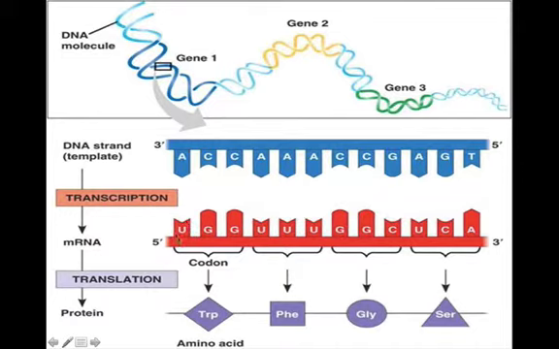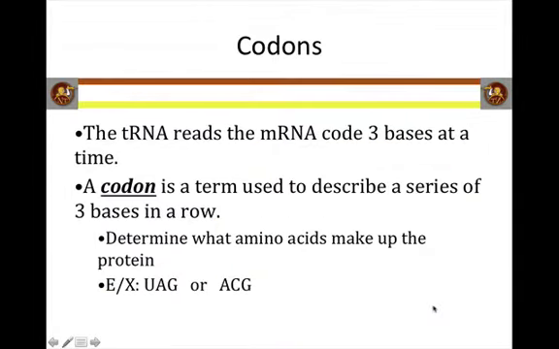Remember, we can tell this is mRNA because here's a U, and we can tell this is DNA because here's a T. So mRNA takes its message outside of the nucleus into the ribosome, where tRNA and rRNA translate it using these codons to connect to one amino acid and make a chain.